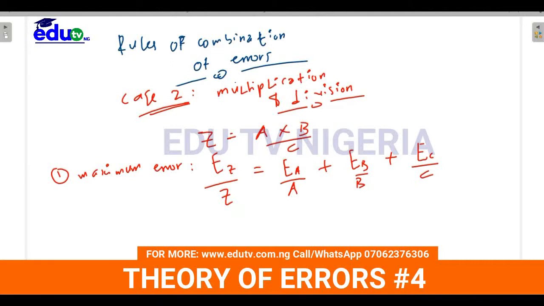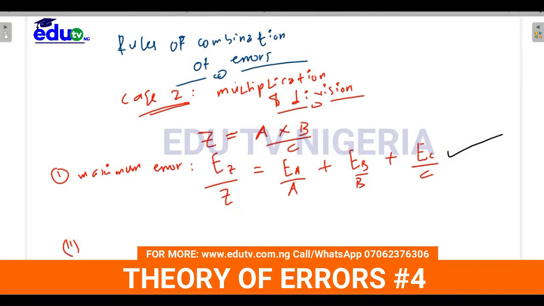So that's just it. Okay, so this is the formula. Whatever you're given, take the maximum error, a multiply b over c. So just do it like this, and you're good to go.